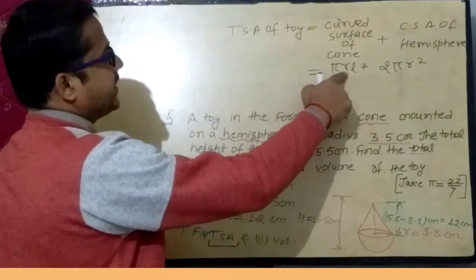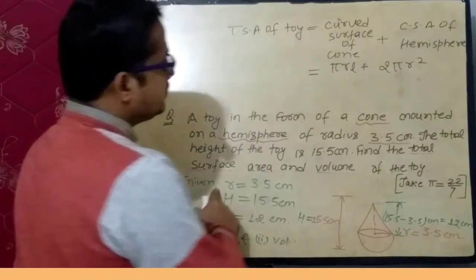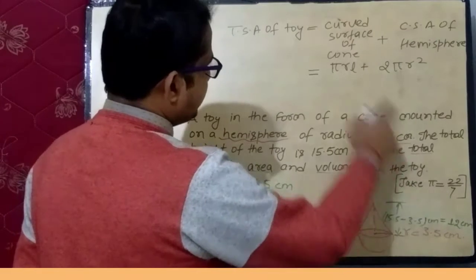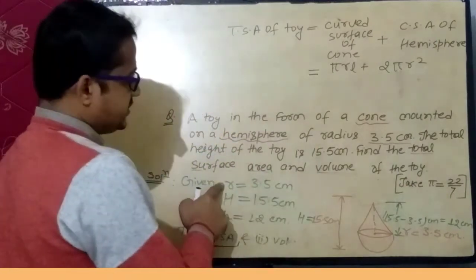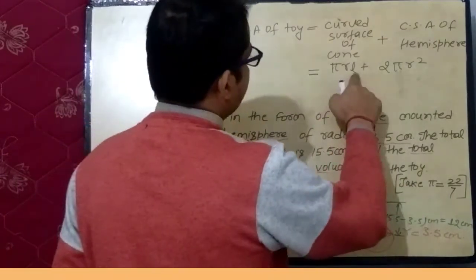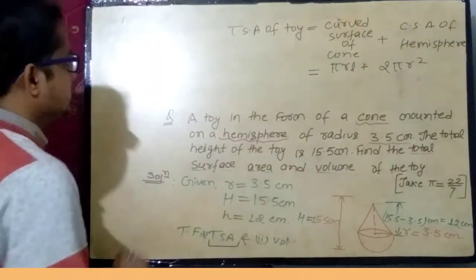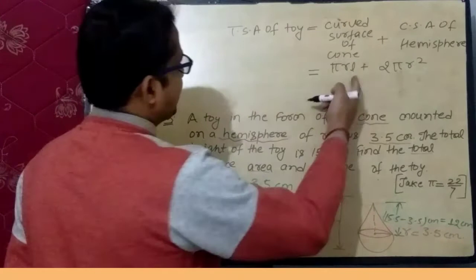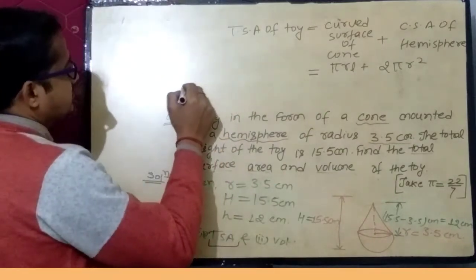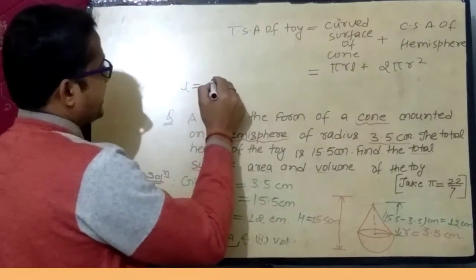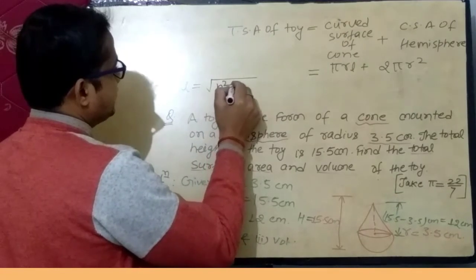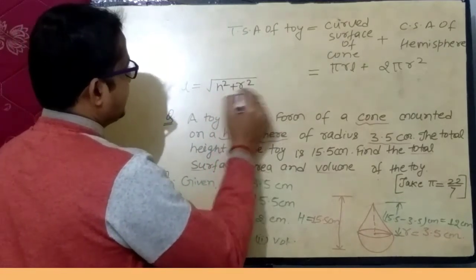Now pi is given to you 22/7, r is given to you 3.5 cm, and what's about L? L is not given directly in the question. So your first task is to calculate the value of L. Then use formula L equals to root over h square add up r square.